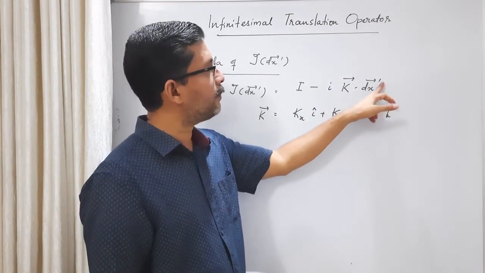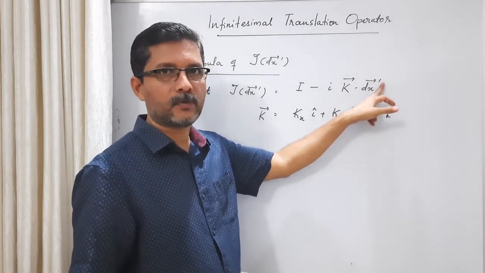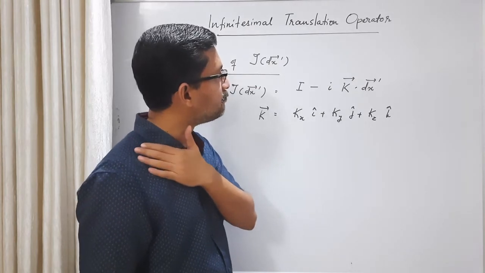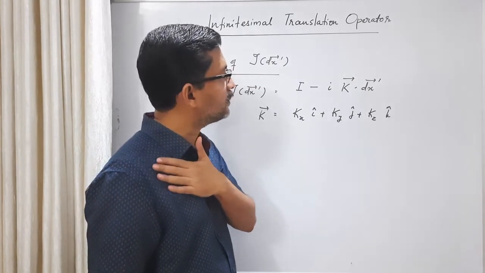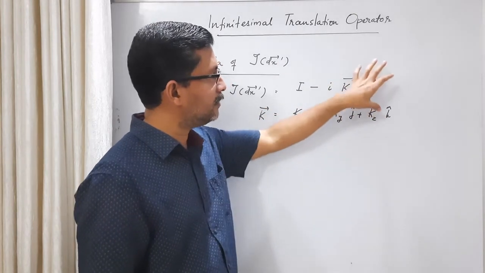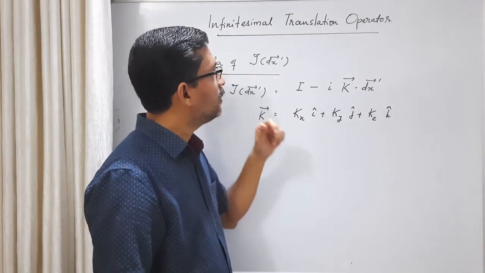Understand that when I use a prime along with a vector, it's an ordinary vector. Sometimes it can be an eigenvalue also, but that will be clear from the context. Later we will see that.